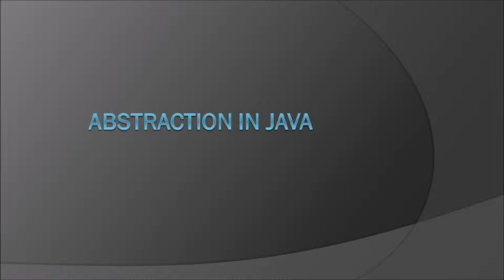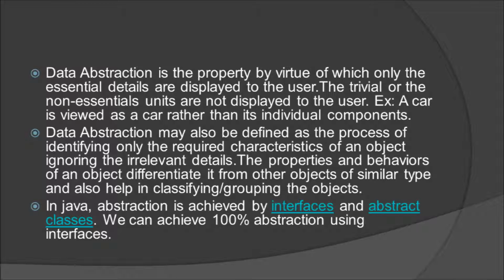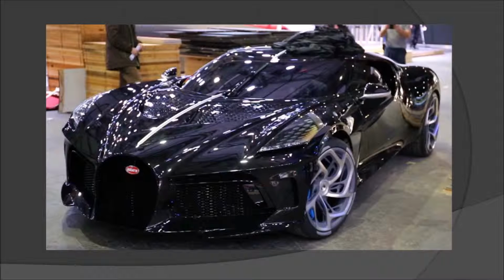Abstraction in Java. Data abstraction is the property by virtue of which only the essential details are displayed to the user. The trivial or the non-essential units are not displayed to the user. Example, a car is viewed as a car rather than its individual components.